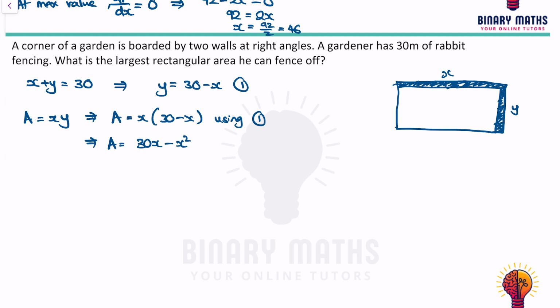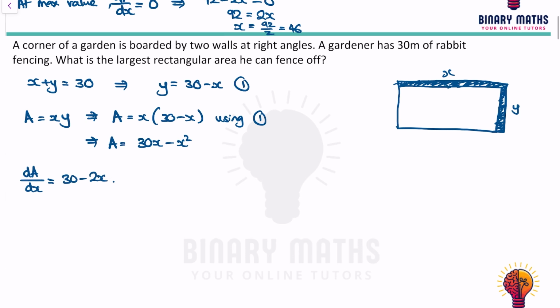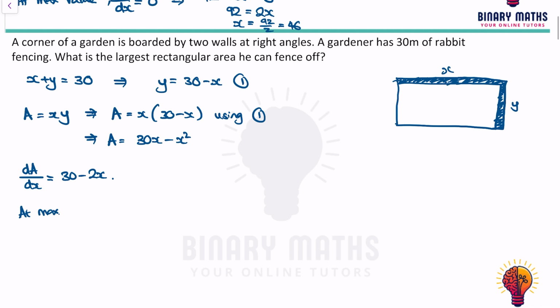If I want to find the largest rectangle, I'm looking for a maximum, so I need to work out the derivative of A with respect to X, which is equal to 30 minus 2X. At maximum, dA over dX is equal to 0, which implies 30 minus 2X is equal to 0, which implies 30 is equal to 2X, which implies X is equal to 15.